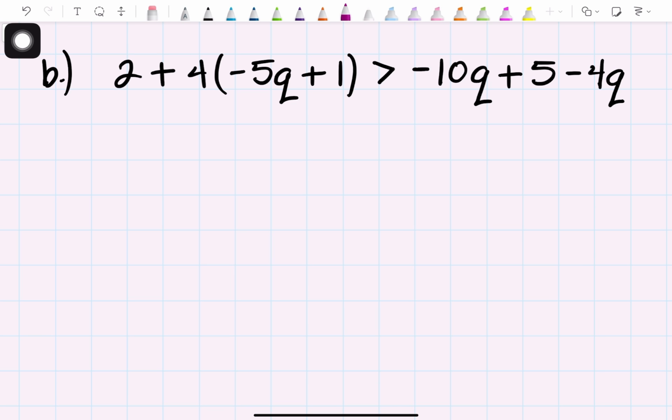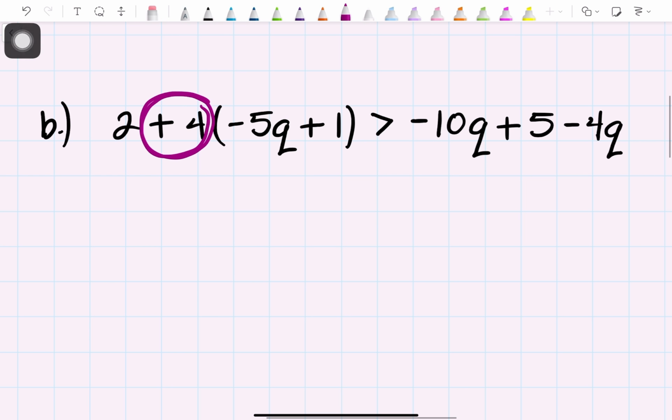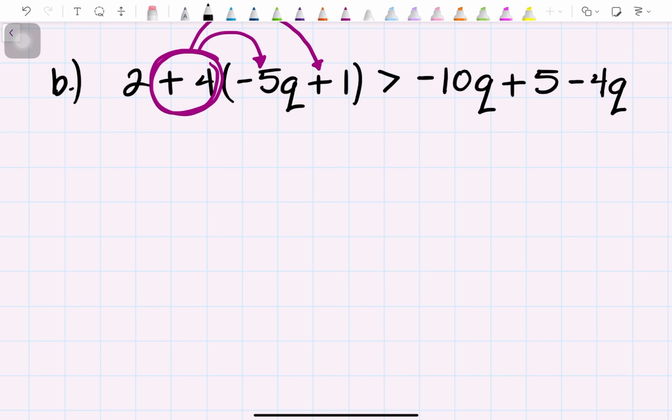I want to first start off with the positive 4. Notice I am circling a positive 4. And I want to multiply this into the numbers inside of the parentheses. So I would have 4 times a negative 5q, and then 4 times a 1.